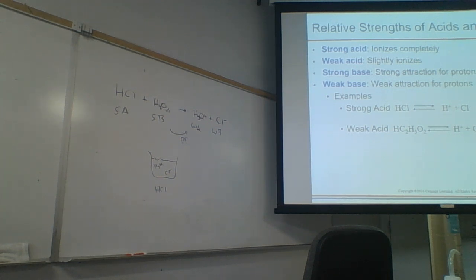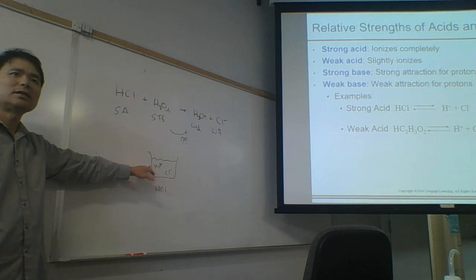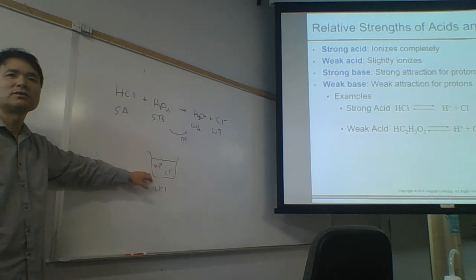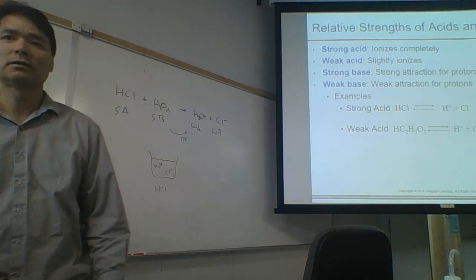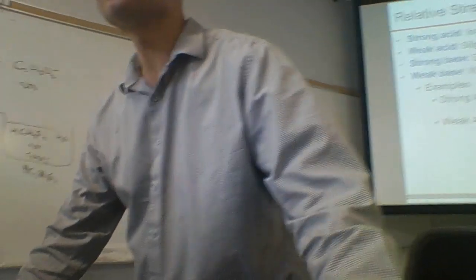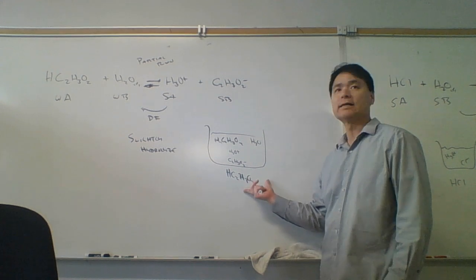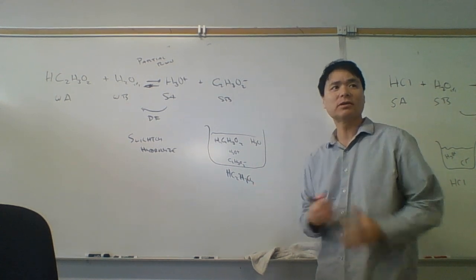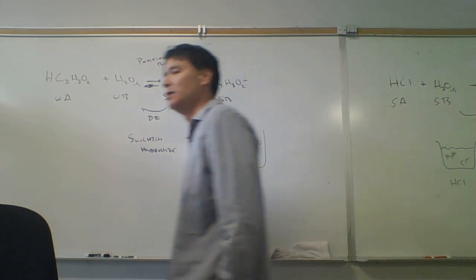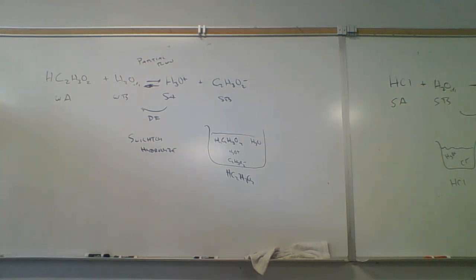And so we say that this solution is strongly acidic. HCl is strongly acidic because it has lots of hydronium present. Whereas acetic acid is not strongly acidic. This is much more weakly acidic because there's not much hydronium. Hydronium is really what packs the punch in an acid solution. And therefore we can rank these.